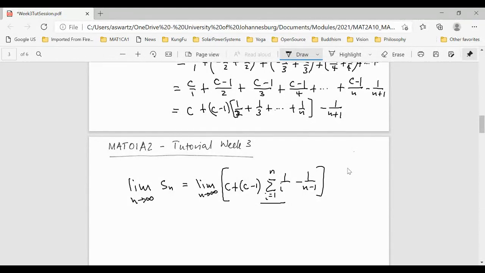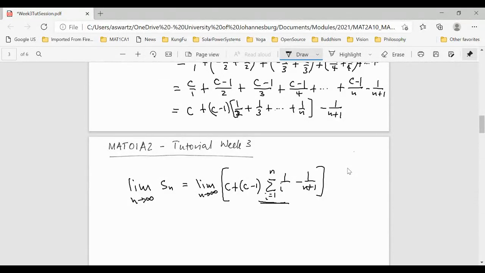This is basically n plus 1. This must be n plus 1. So this bit here that I've underlined is the harmonic series. And that will diverge. And if it diverges, then any constant multiple of a divergent series will also diverge, right?